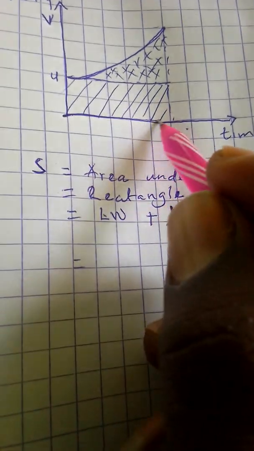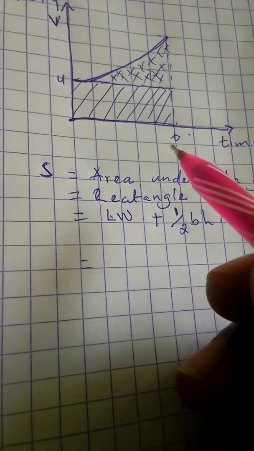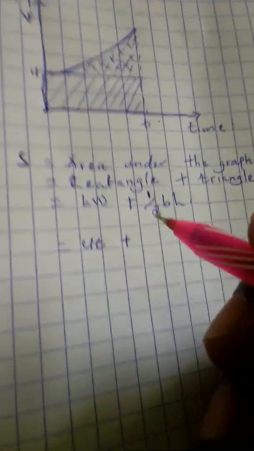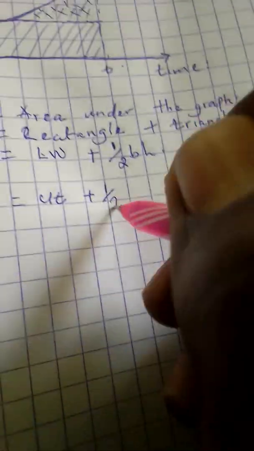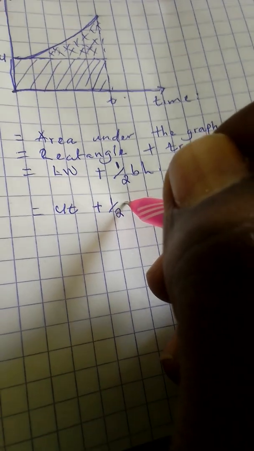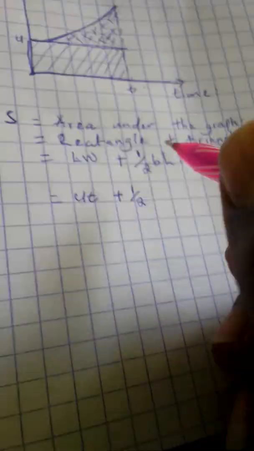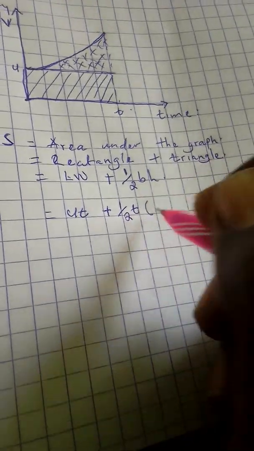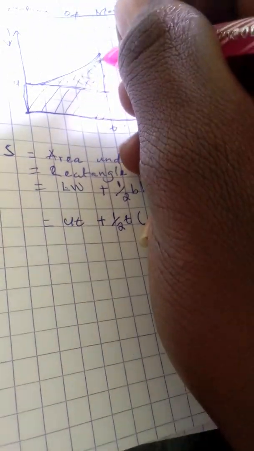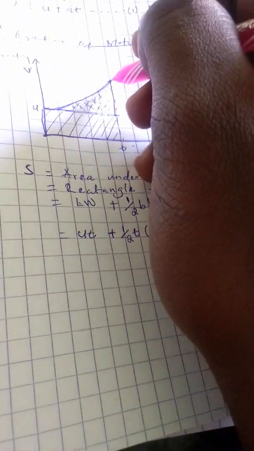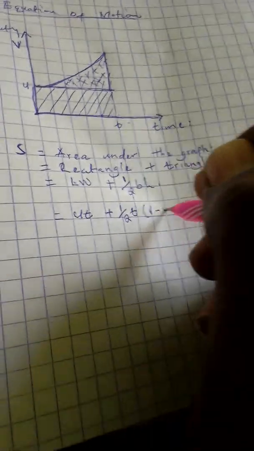The length is from here to here, which is t. And the width is from here to here, which is u. So we have ut, plus I have a half, the base is from u to t, which is t, and the height is the difference of v and u, final velocity minus u.